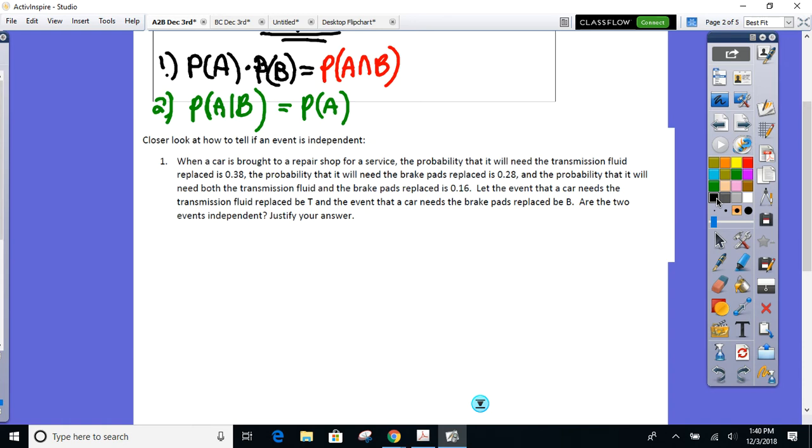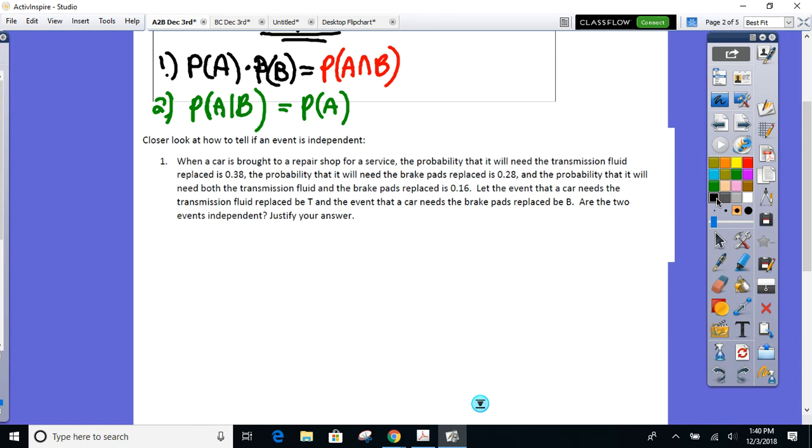At the end, I need you to tell me what two things we're going to test if they're independent of each other or not. Okay, what are the two things we're going to test if they're independent or not?